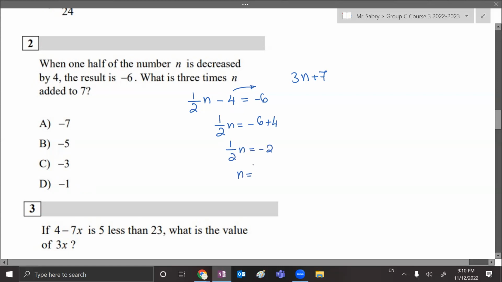I'll move the half to the other side, and as I said, I'll flip it, which means n will be equal to -4. Once I have the value of n, I can substitute it in there to find 3 times n added to 7. So that's 3 multiplied by -4, plus 7, which is -12 plus 7, which is -5. Which means B is the correct answer.